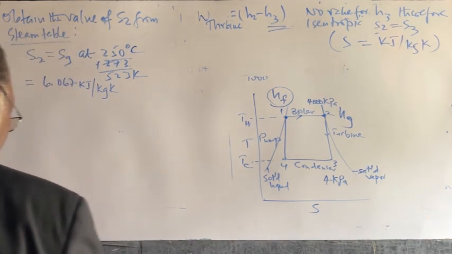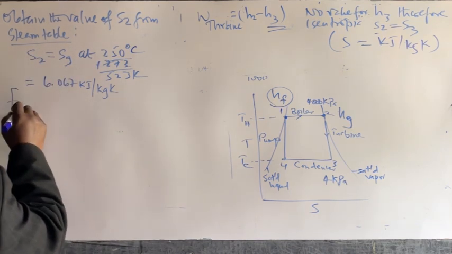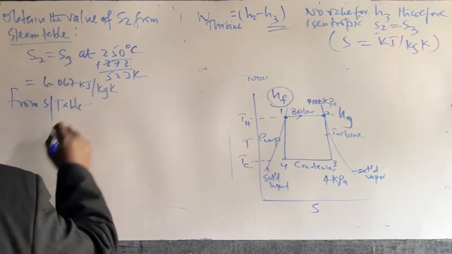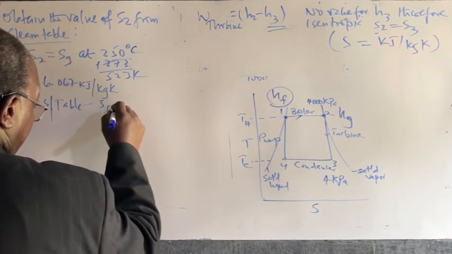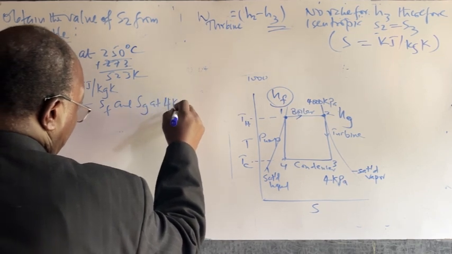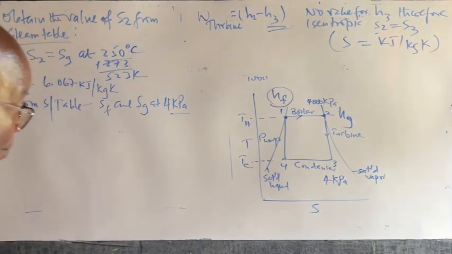So we are saying that from steam tables, I want you to note, you can obtain entropy SF and SG at 4 kilopascals. That's at our lowest temperature there, 4 kilopascals.